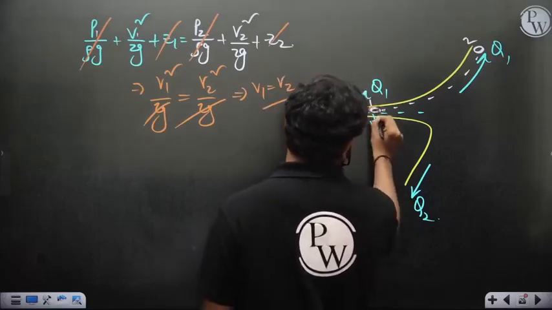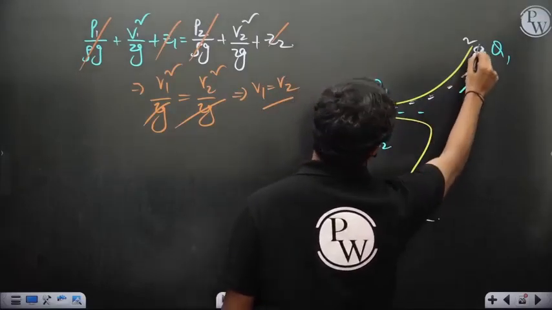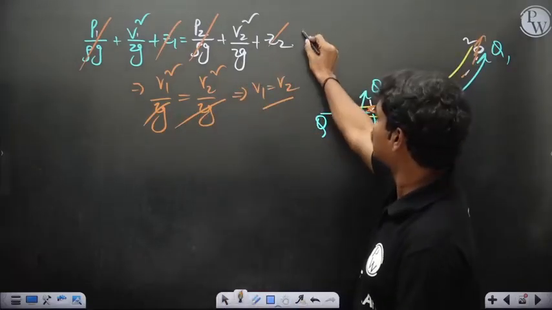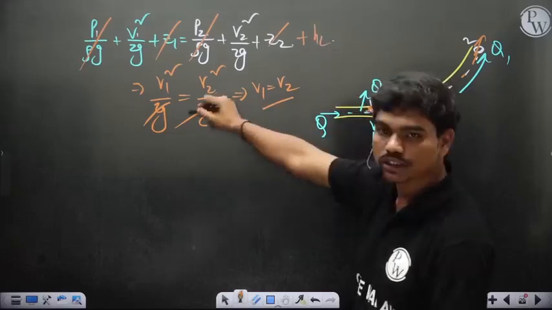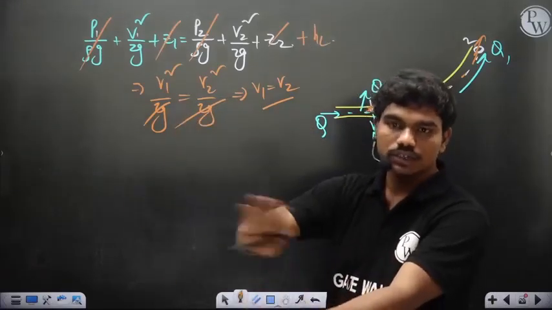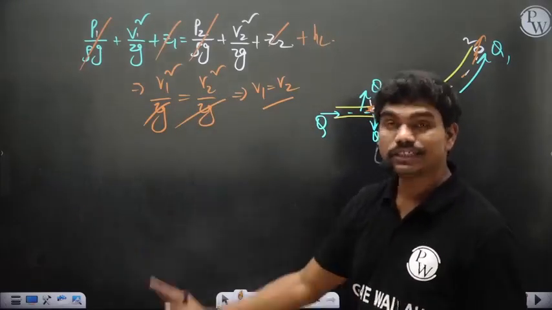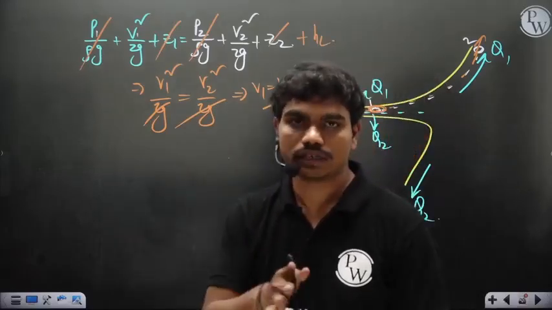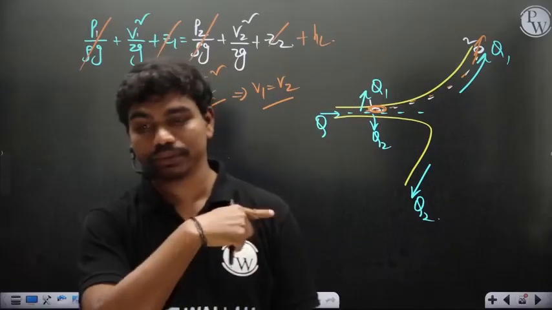So whatever the velocity here, same velocity all over. If there is loss at some location, then velocities will change because of the friction on the surface of the blade. But if there is no such friction, velocities have to be same.